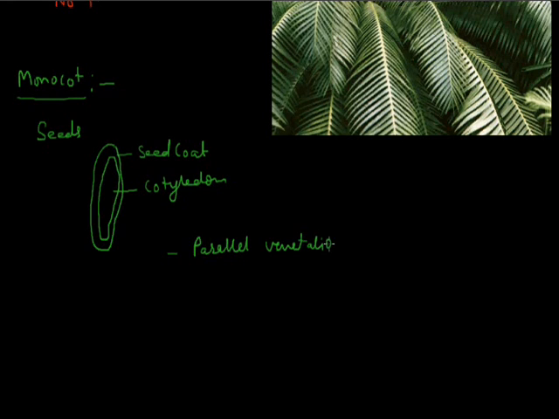So, what is the venation? Venation is the structure in the leaf. The leaf has a structure inside it, we call the midrib. This is the leaf. This leaf has the branches and a midrib here.